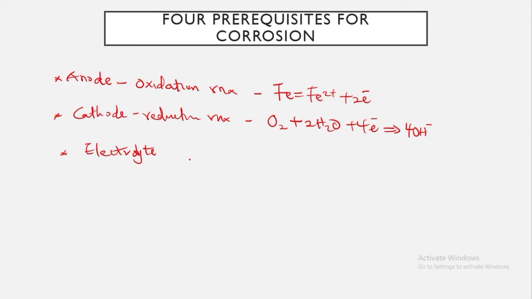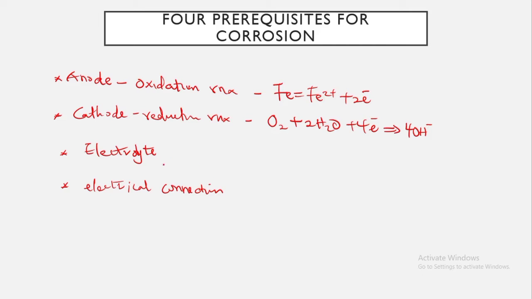It is the path for what? Ionic conduction. The final one for corrosion to happen is the electrical connection between the anode and the cathode, and it allows electrons to flow between the anode and the cathode.